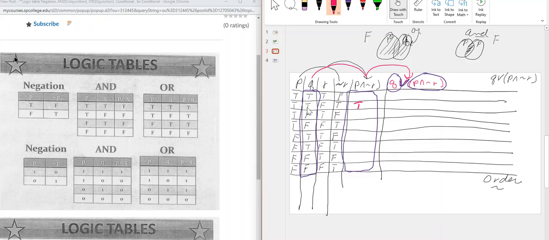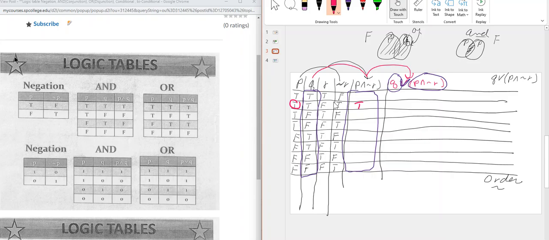The only ones that are true are when both of them are true, and this is one and this is the other. And I don't see any others, I can double check again. So therefore, I put falses down for all the rest.